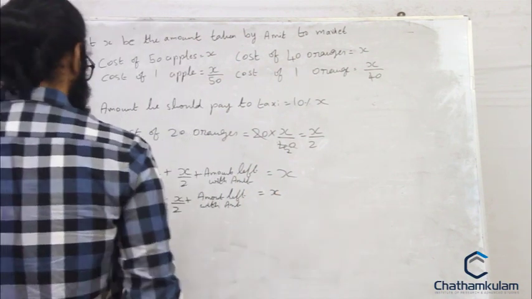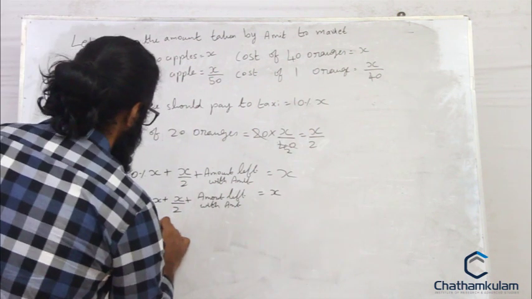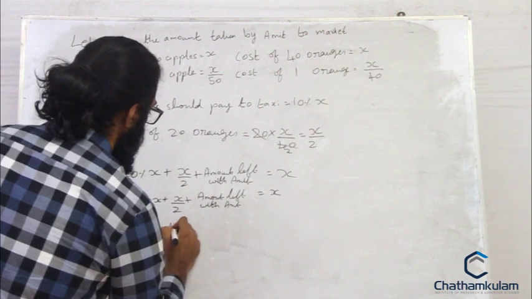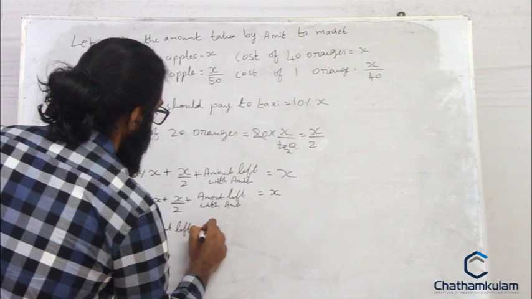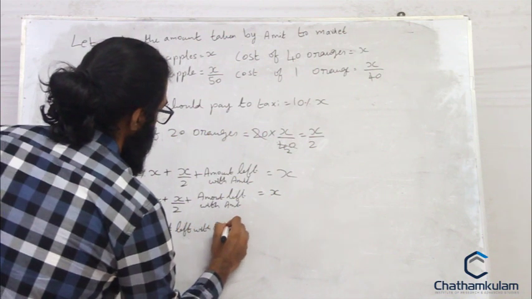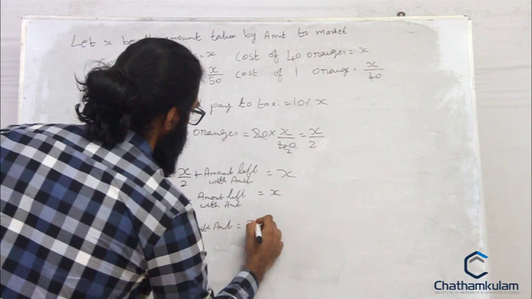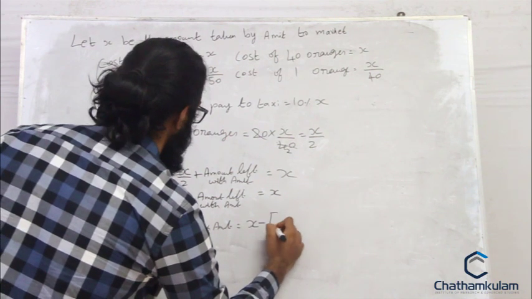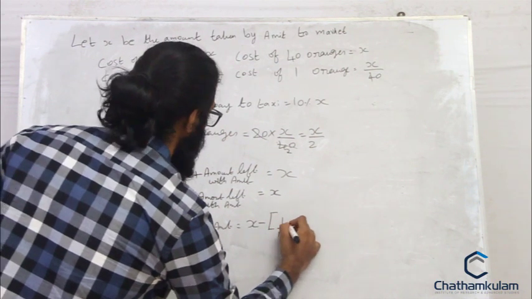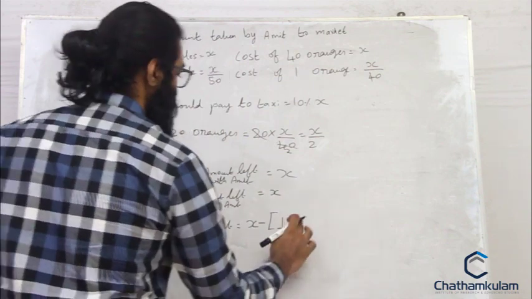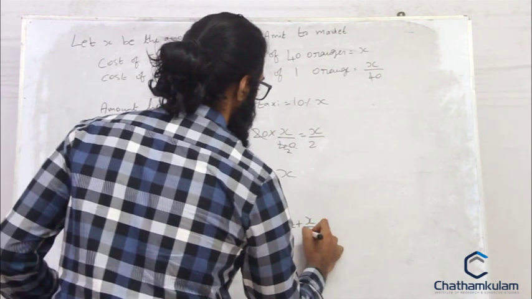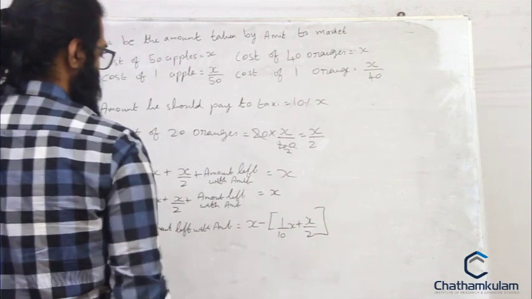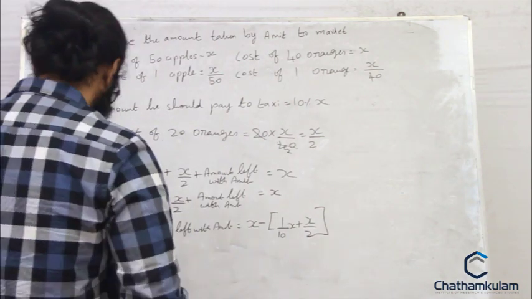So we solve this equation: the amount left with Amit is equal to X minus 1 by 10 X plus X by 2, right? So this is the amount left with Amit.